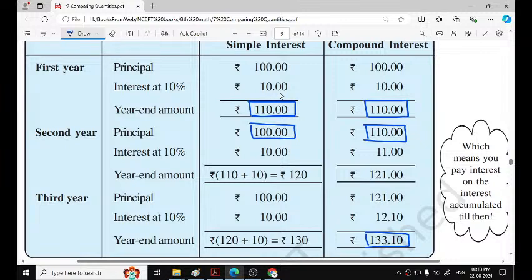Now this difference is negligible. You will say why use compound interest just for 3 years, but this is for 100 rupees only. Your rate of interest may be greater, your deposited amount can be greater, and at that time this difference will be considerable.